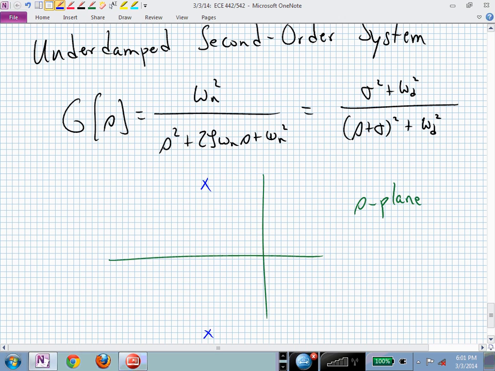And now we can identify certain locations in these parameterized representations. Here, this distance into the complex S-plane is the damping amount, sigma. That's the real part of these poles, or that's zeta omega sub n in numerical value. They have an imaginary part equal to the damped frequency, omega sub d.